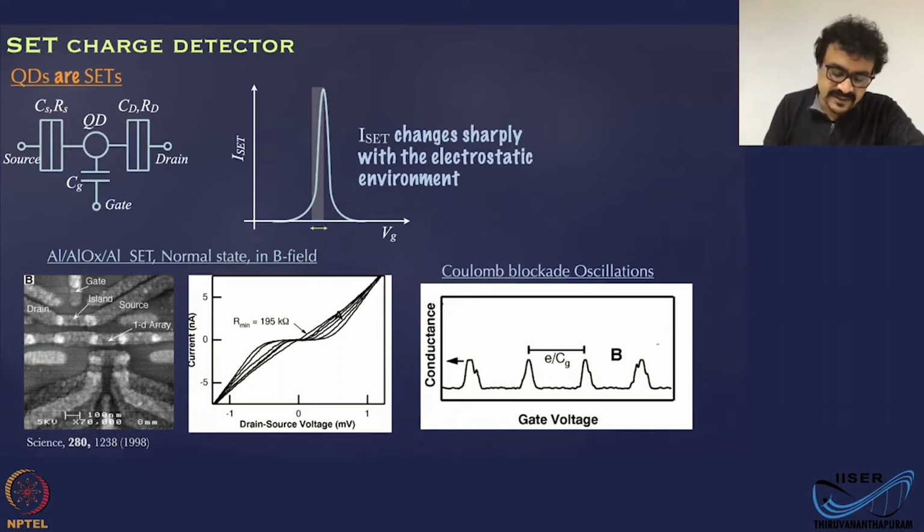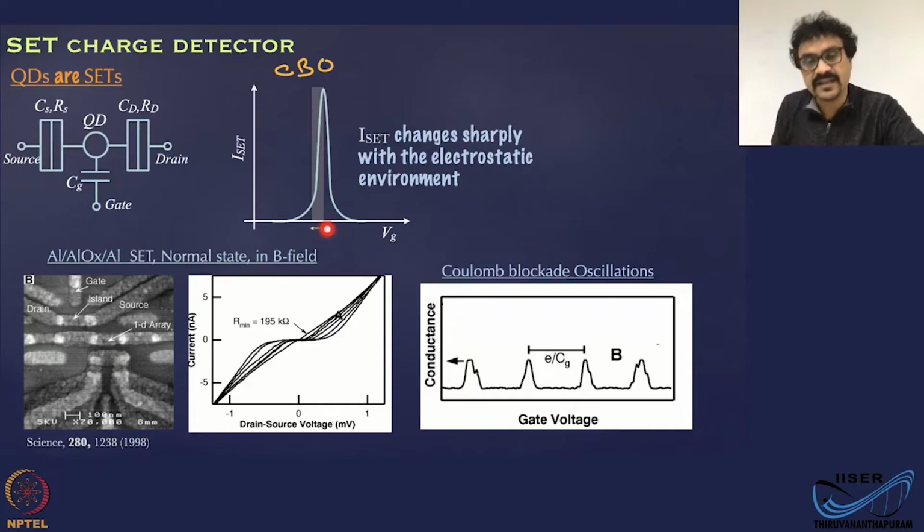And one important feature of these quantum dots are the Coulomb blockade oscillations. These are the Coulomb blockade oscillations, which exhibit very sharp change in the current through the device for a small change of gate voltage.